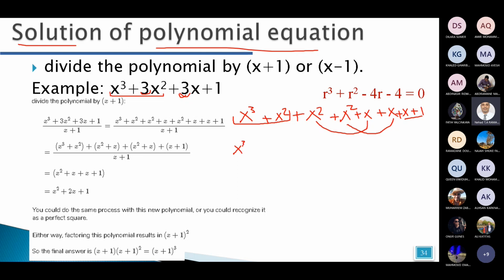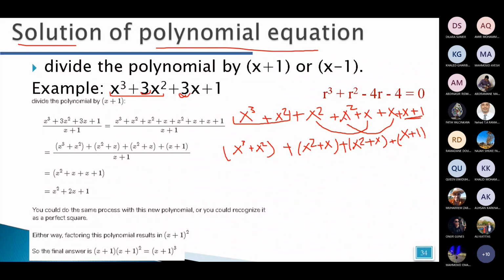It's x power 3 plus x power 2, this first group, plus here x power 2 plus x, plus another x power 2 plus x, plus what remains? x plus 1.